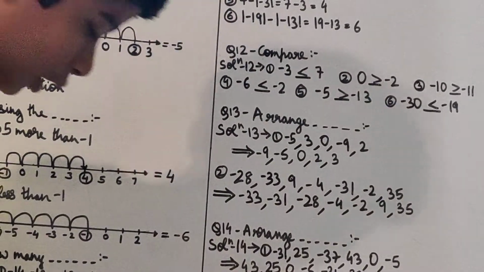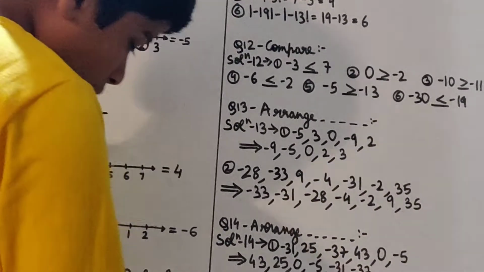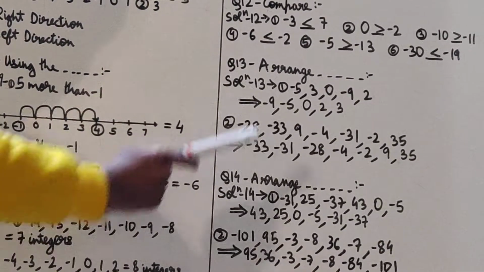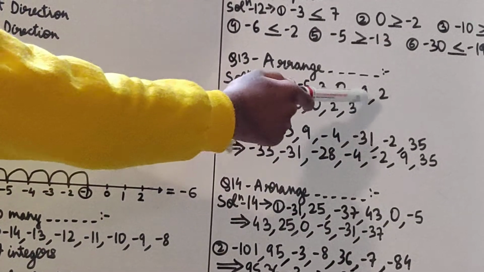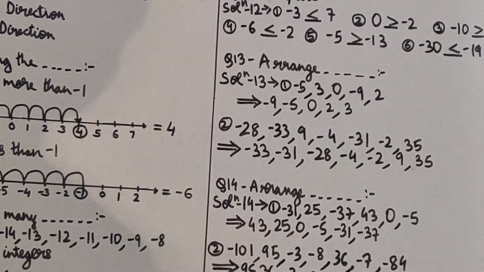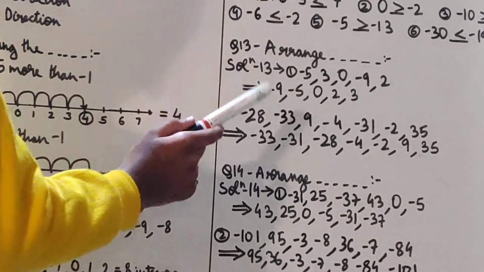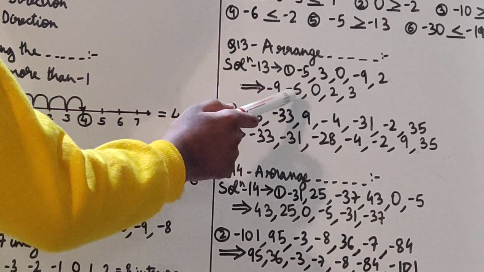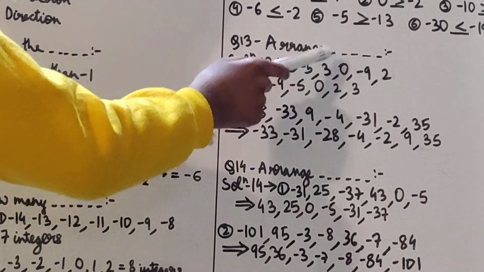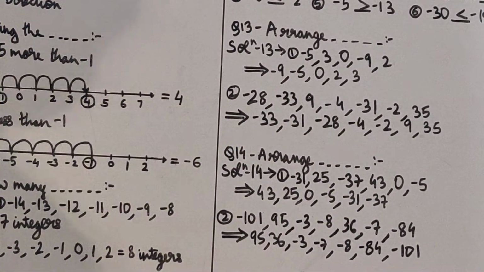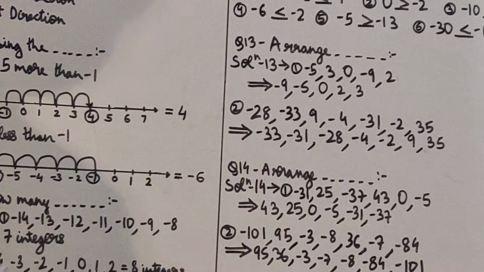Then question 13. Arrange the following in ascending order. So the first question is minus 5, 3, 0, minus 9 and 2. Now in the ascending order it will be minus 9 earlier, then minus 5, then 0, then 2, then 3. So this was the ascending order.